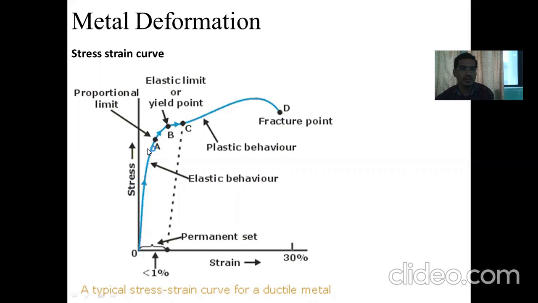At point A, the material shows the proportional limit, where Hooke's law is obeyed up to point A. It means the material is in elastic behavior. Whenever we apply the load, the material gets elongated, and after removal of the load, it regains its original shape and size or original dimension.